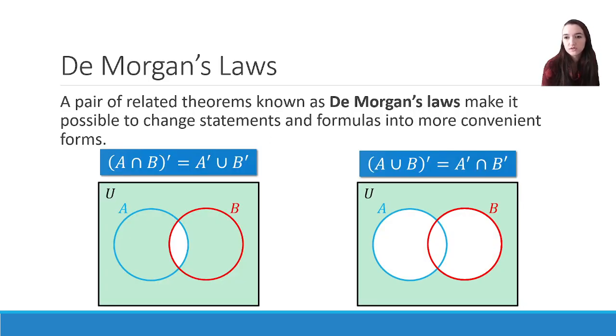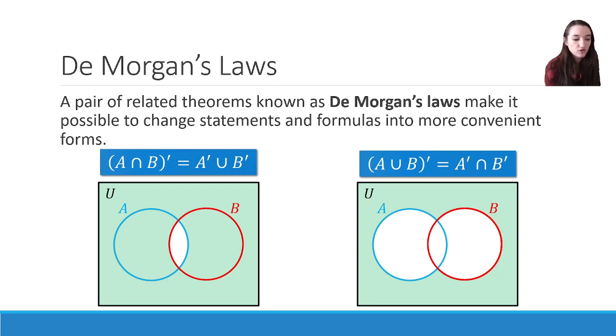This is called De Morgan's law. Now, De Morgan has 2 laws in this case. There's actually more to De Morgan's laws, but these are the 2 main ones. A pair of related theorems known as De Morgan's laws make it possible to change statements and formulas into more convenient forms. So sometimes it will be useful to distribute the complement into a parenthetical.